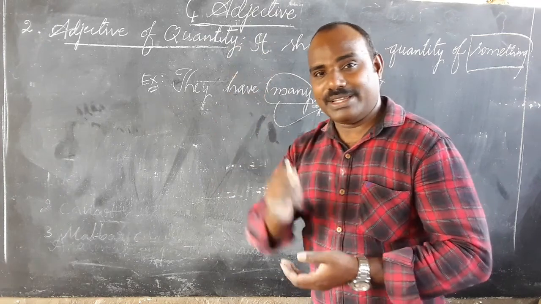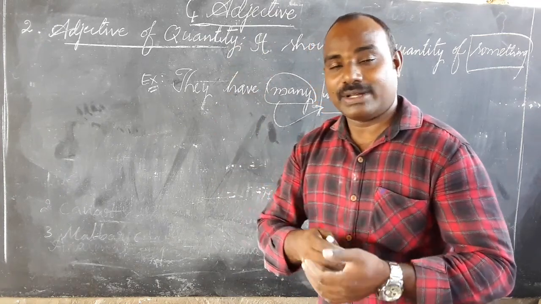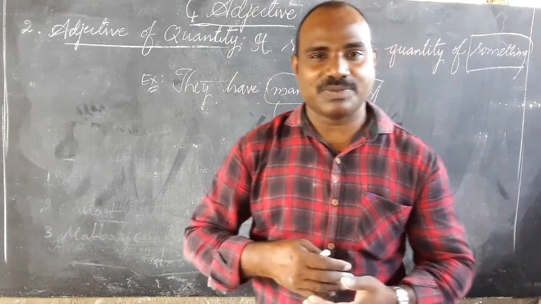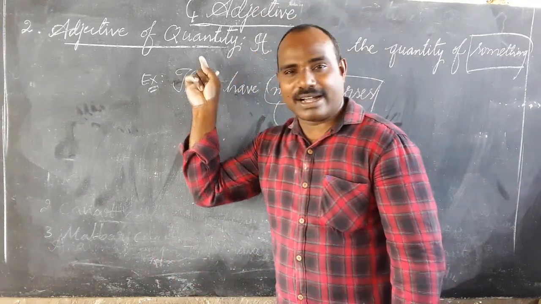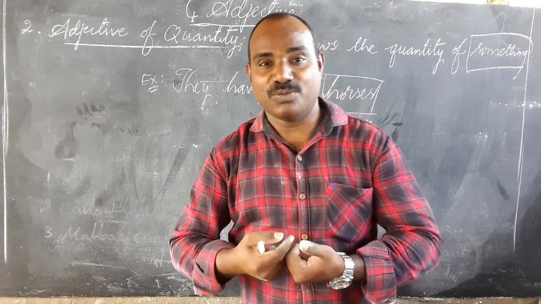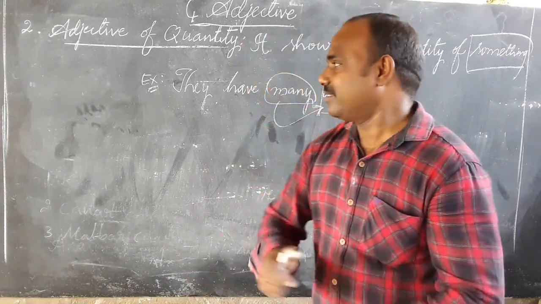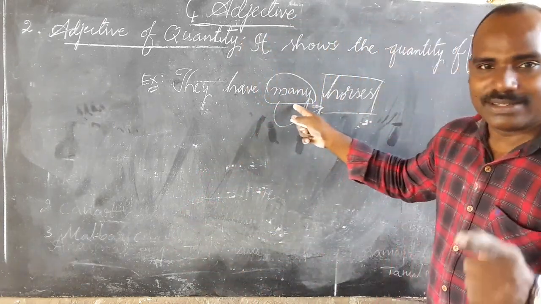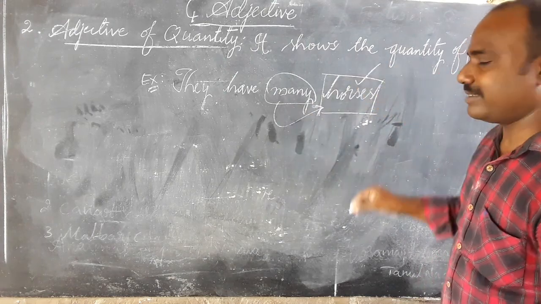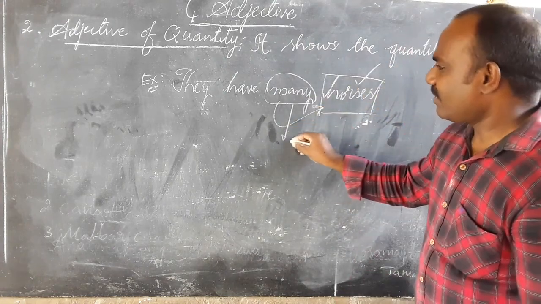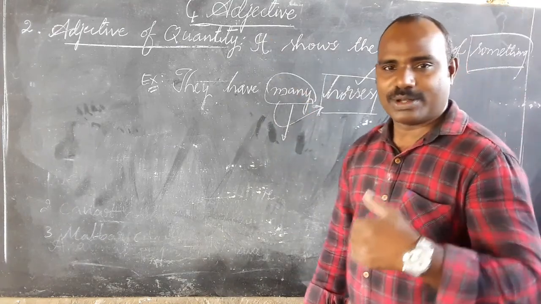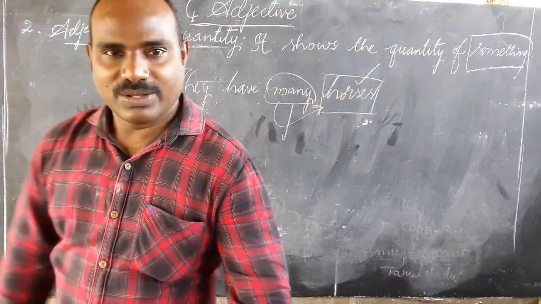Adjective of quality can be the answer for the question what kind of. You see, many is the word describing horses. So this can be adjective of quantity.